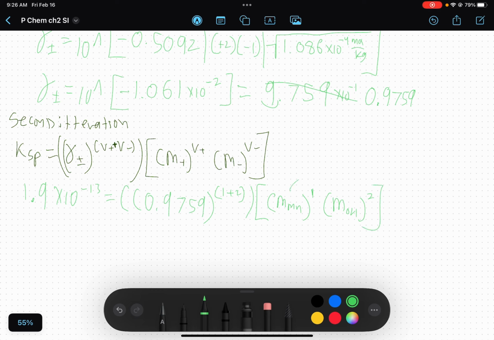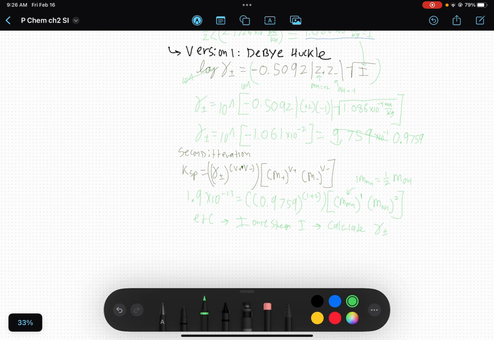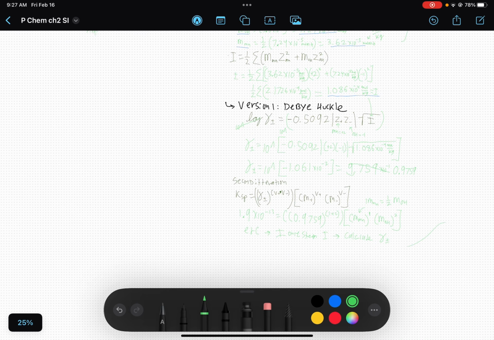You can again plug in the MN. Half MOH, etc. to strength. And then you go and you calculate this one again, and then you go back and you plug it back into your KSP. So that would be your second iteration if you were to do one. It takes a while though, so I don't really want to.